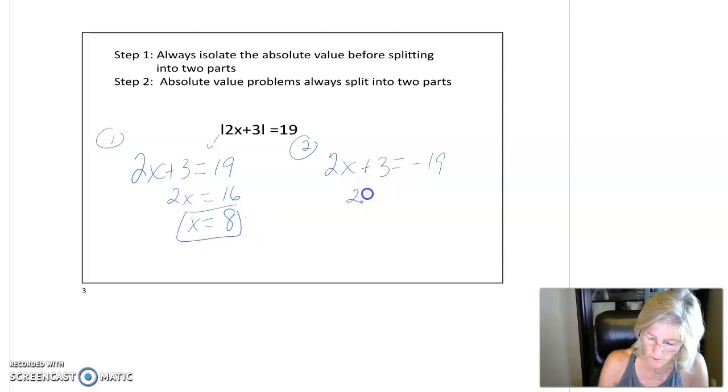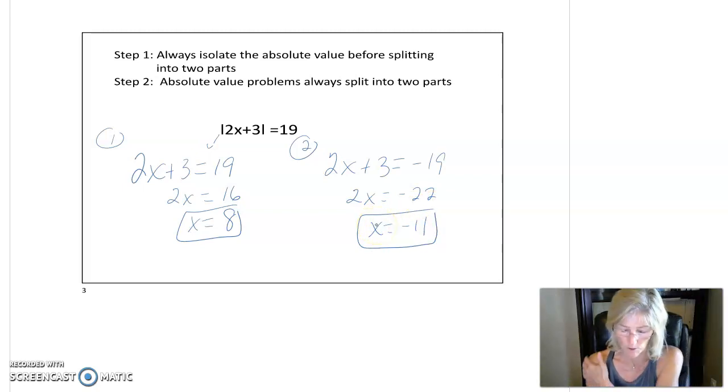I'm going to subtract 3, divide by 2. So you can see in this equation, both -11 and 8 will satisfy the equation. And as long as you have an equal, you're going to have just two or one solution.